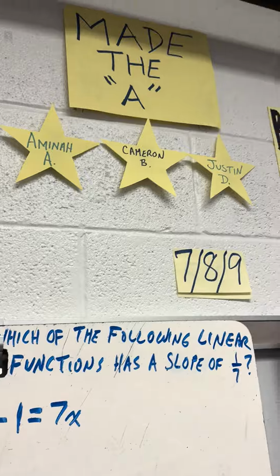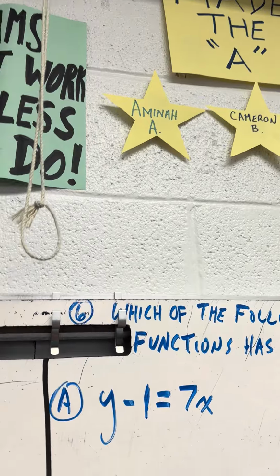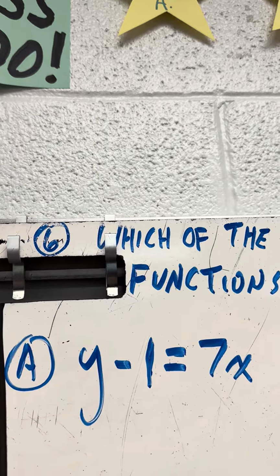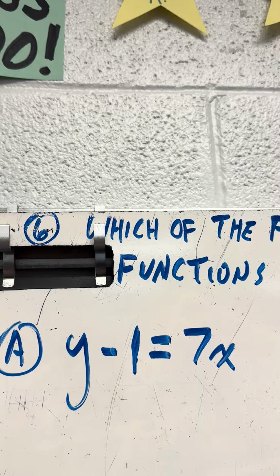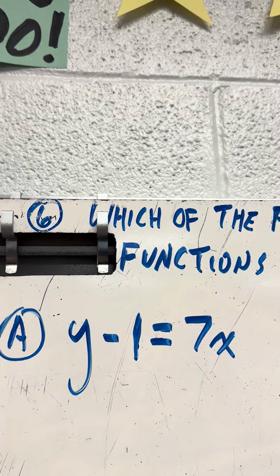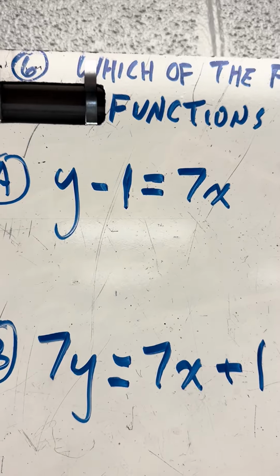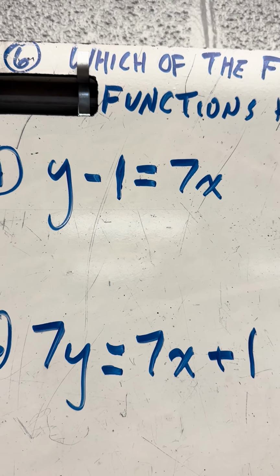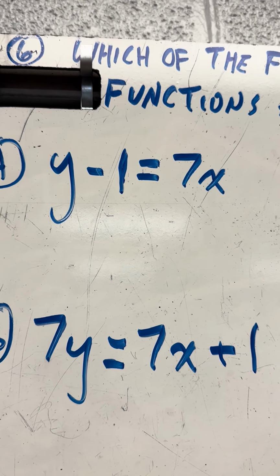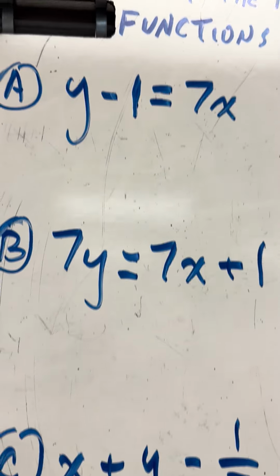Which has a slope of 1/7. Okay. This one, if I divide by 1, gives me a slope of 7/1, not 1/7. If I divide by 7 here, I have a slope of 7 over 7, which is equal to 1, not 1 over 7.